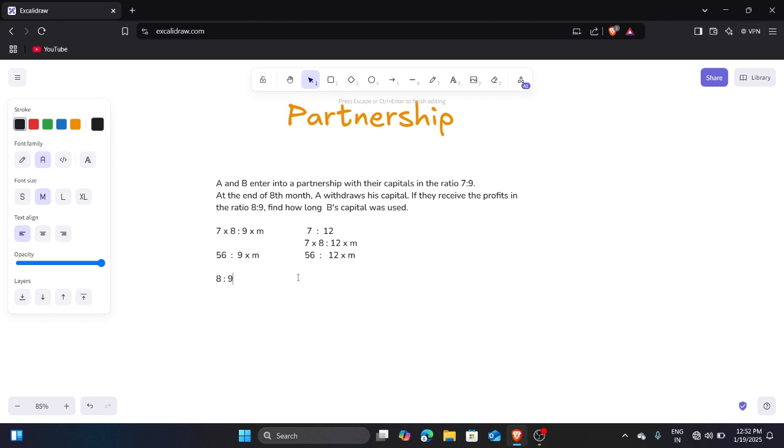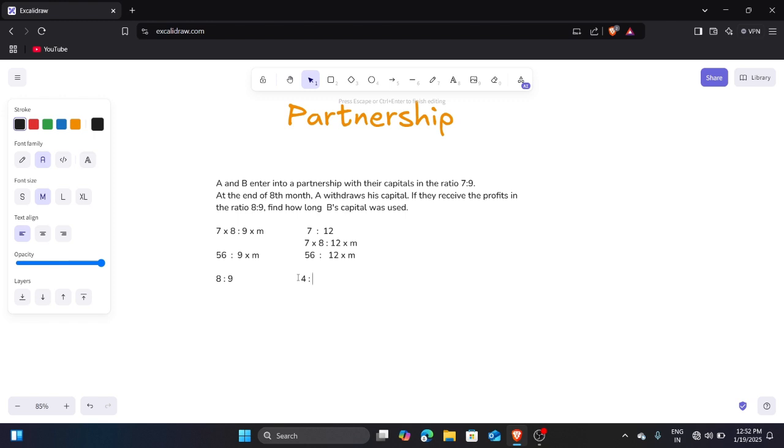Now what they are saying is that when it comes to profit sharing, they share their profit in some ratio. What could their ratio be? Suppose the ratio here is 4.